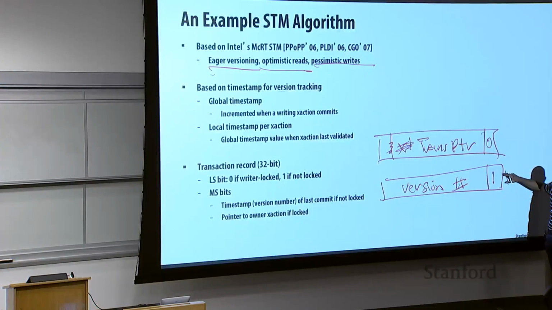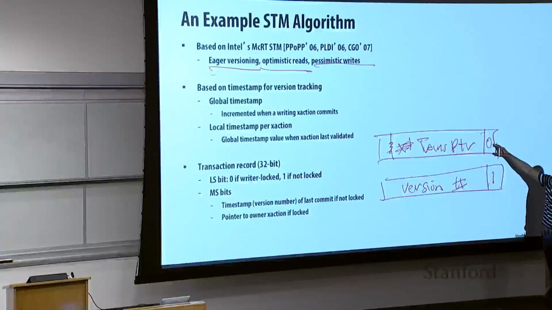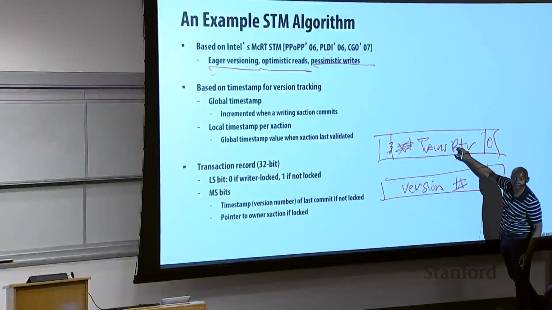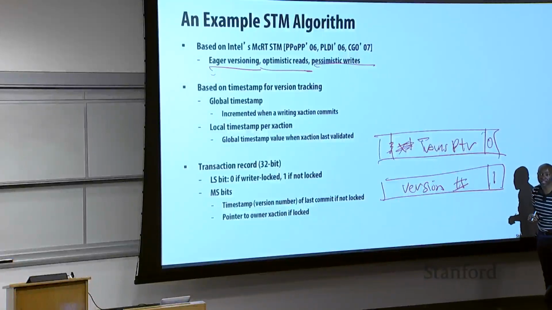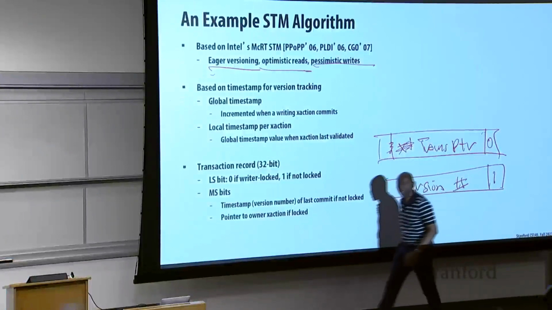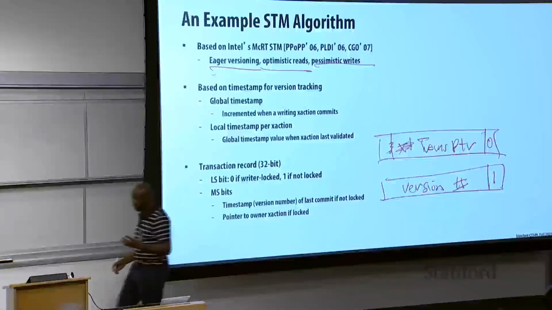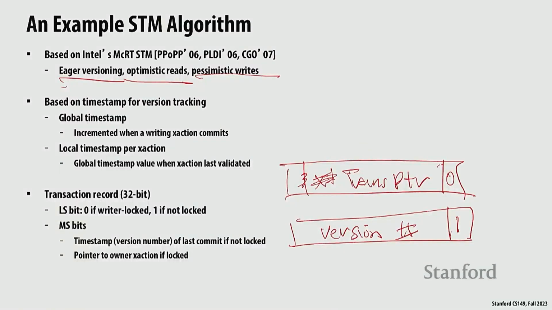Making an analog to cache coherence, when you've got a 1, it's shared, right? And when it's a 0, it's exclusive, and it's being written by the transaction that the pointer names. So we're either in shared or exclusive mode, and the transaction record indicates that.